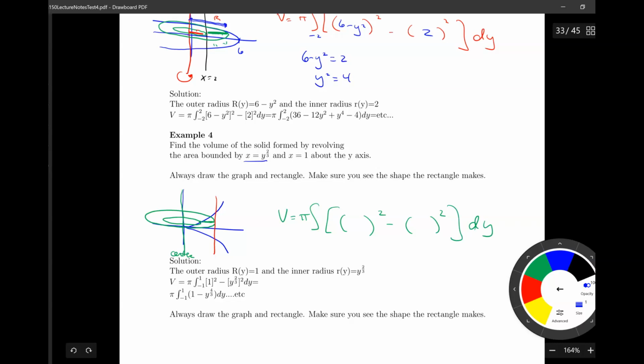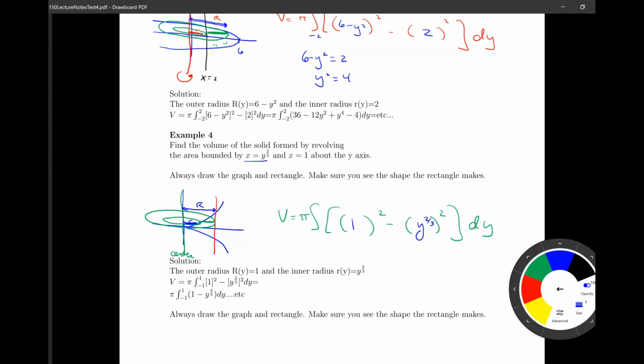So our outside radius from the center out to the red, that's my capital R. My inside radius will be this distance. So the capital R distance is just going to give me 1. The inner radius here is going to give me the function of y to the 2/3 power.